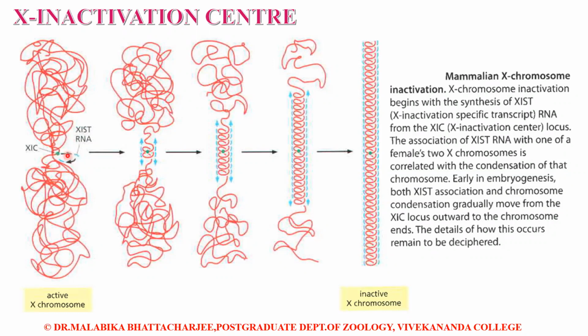As you can see, the XIST RNA starts coating the X chromosome from which it is transcribed, and the coating spreads out in both directions.